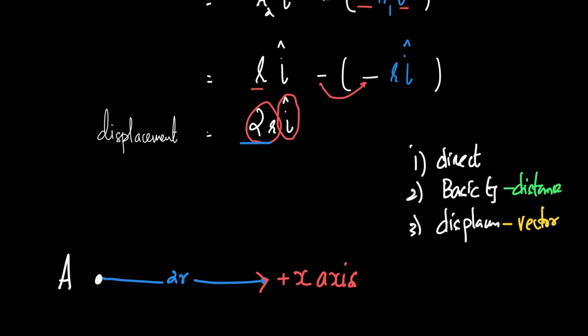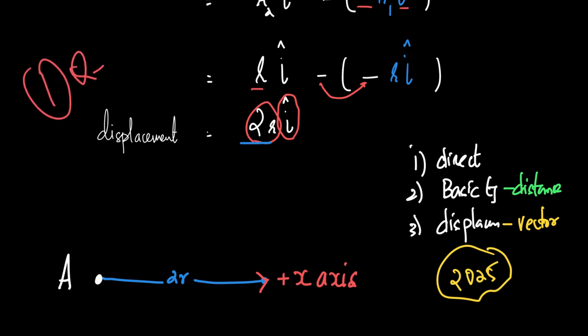Okay. So that actually marks the end of all the questions that are based from the topic distance displacement in the year 2025. So yes, there is a very high potential that at least one question would be based on these in the upcoming 2026 JEE mains.